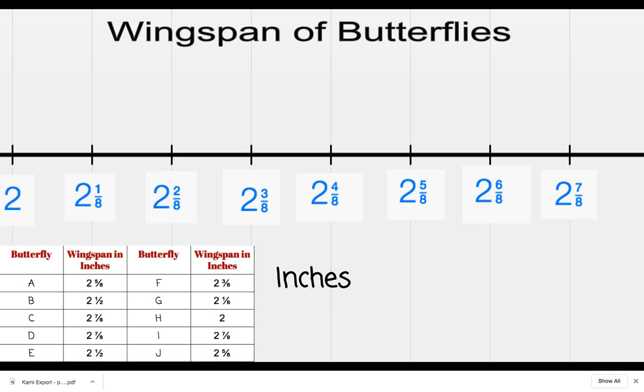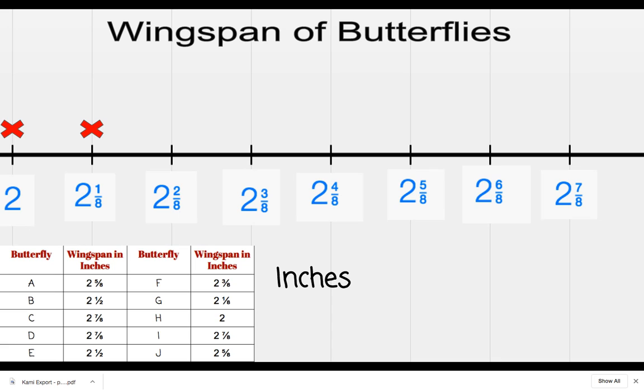Now all I have to do is insert X's to represent which butterflies had certain wingspan measurements. So let's start with 2. How many butterflies from this chart had a wingspan of 2 inches? So it looks like just 1. Okay, what about 2 1/8 inches? Well, I can only count 1, so I'm going to include an X for 1. 2 2/8. Doesn't look like I see any butterflies, so I'm going to skip that one.